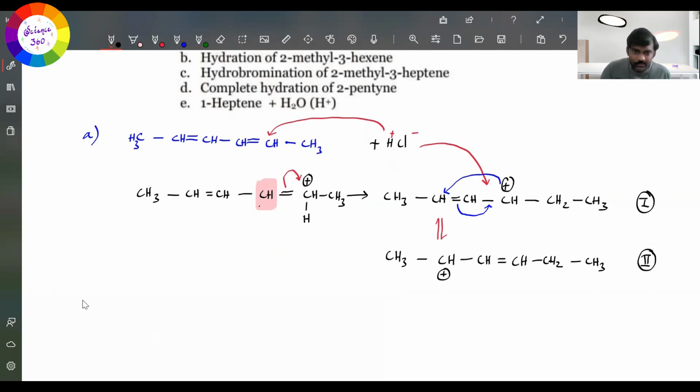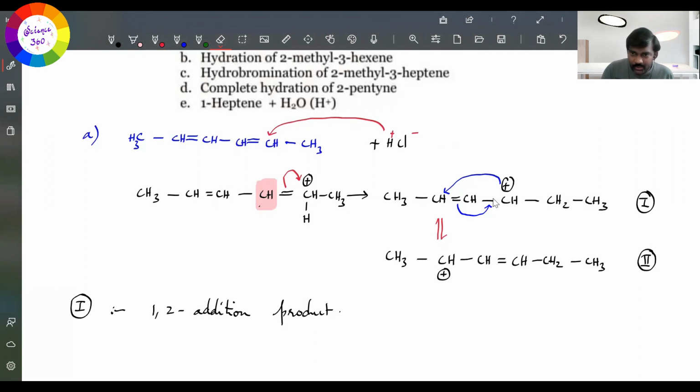With the first intermediate, the first carbocation, if you are getting a product, that is called the 1,2 addition product. What does the 1,2 addition product mean? The Cl minus ion will be attaching onto the C plus.